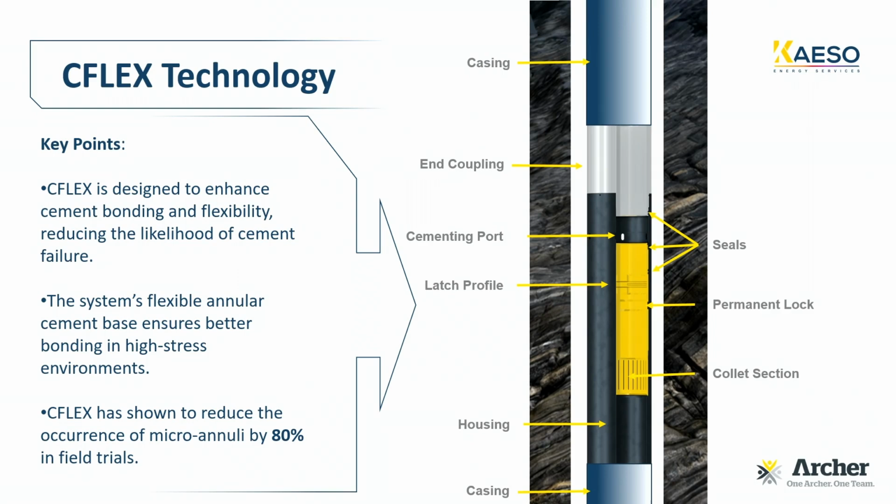In the white areas, it's the annulus itself. And in the middle, you see this long tubing that goes from top to bottom. That's the casing. In the middle of this casing, you see a tool, and that tool is the CFLEX. So to be clear, the CFLEX is run with the casing. It's an integral part of the casing.